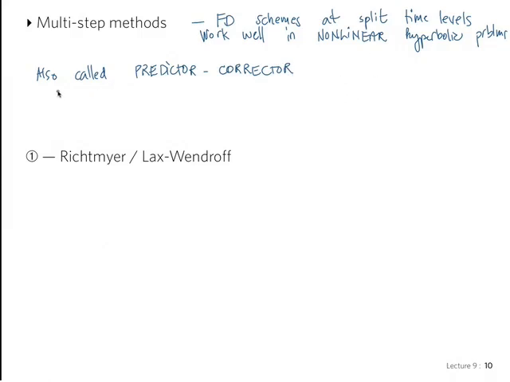Because in the first step, you have a temporary value for the dependent variable, your solution, and this value is, say, predicted.